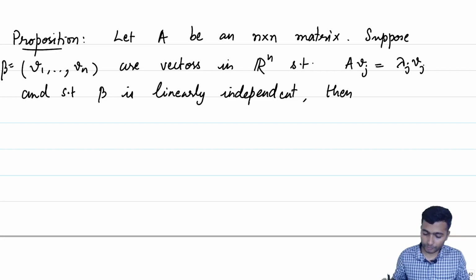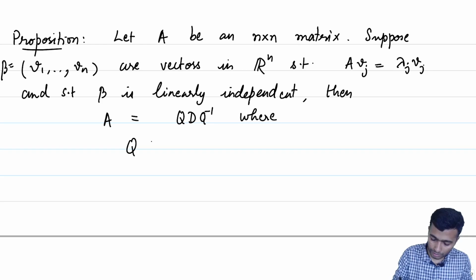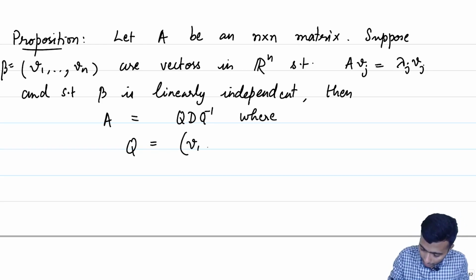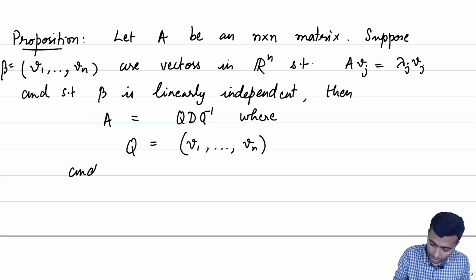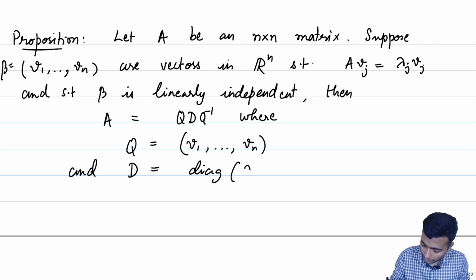Then A is equal to QDQ inverse, where Q is the matrix obtained by inserting the vectors V1, V2 up to Vn, and D is the matrix obtained by putting in the corresponding eigenvalues.